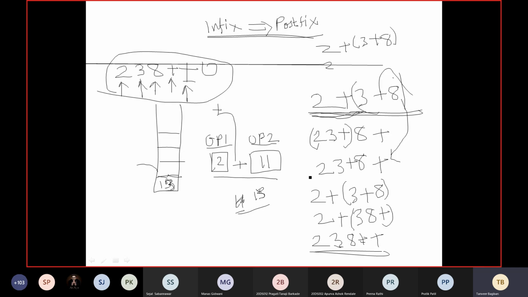Now let us consider some other expression and do the evaluation. Consider 2 plus 3 multiplied by 2. In this infix expression, multiplication has the highest priority, so take it out. Now it becomes 2 3 2, and this multiplication is taken first and then this plus.